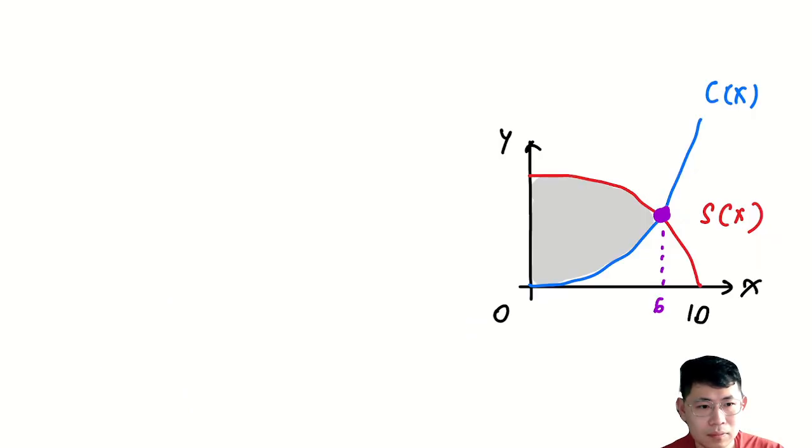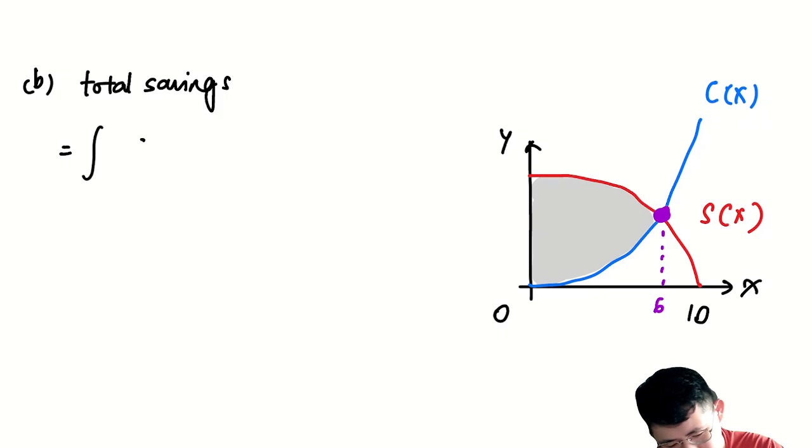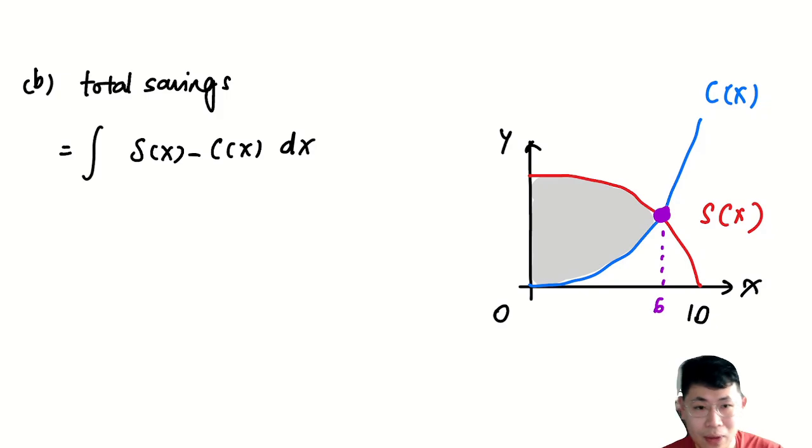So for the savings in part B, the total savings would be like this. We're going to integrate the sales minus the cost. So it'll be S(x) minus C(x) with respect to x, from where to where? From 0 all the way to 6.